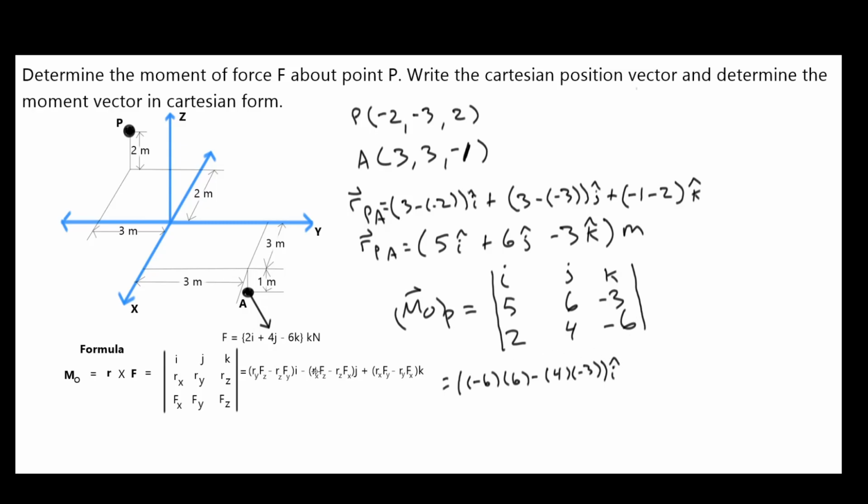Then take note here in the formula for your j, there's a minus sign, so don't forget about that. So we're going to subtract. Like what we did with the i hat, I cover this part up, and I know I have to multiply these numbers. So negative 6 times 5, and then subtract it by 2 times negative 3.